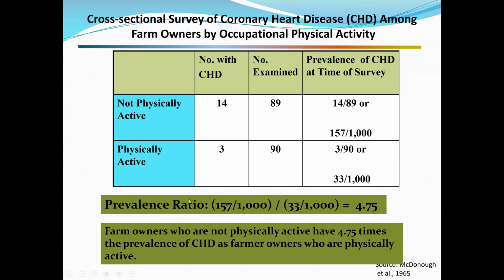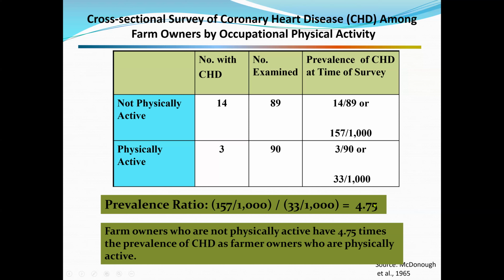So to find the prevalence ratio, it will be the prevalence of not physically active divided by the prevalence of physically active. And this gave us 4.75.